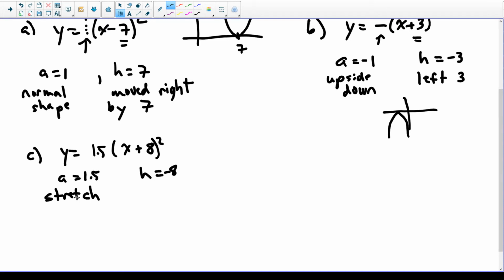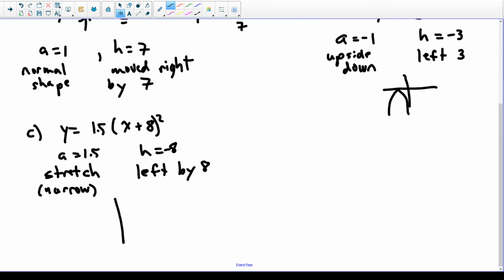So any number greater than 1 is going to stretch the parabola, so it's going to be narrower. And then h equals negative 8, or x plus 8, means that it's moving left by 8. So if I sketch that parabola, it would be a narrower parabola at x equals negative 8.